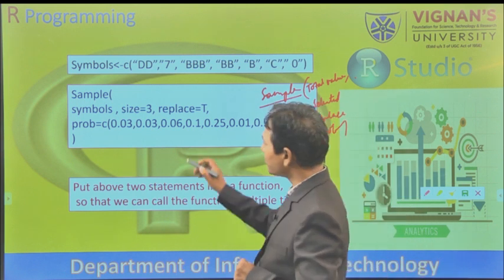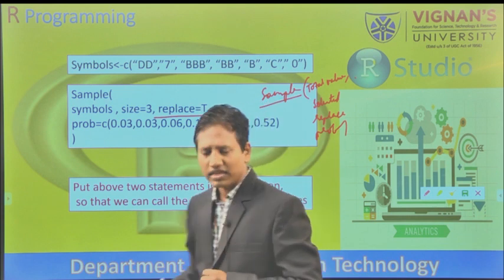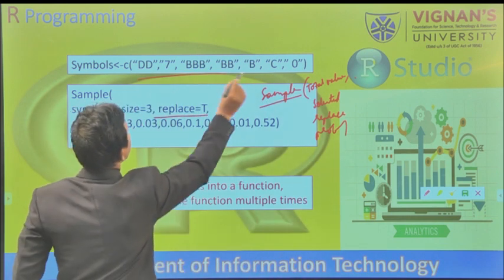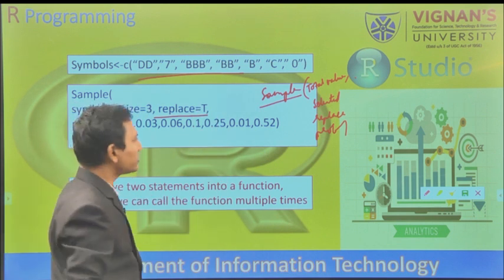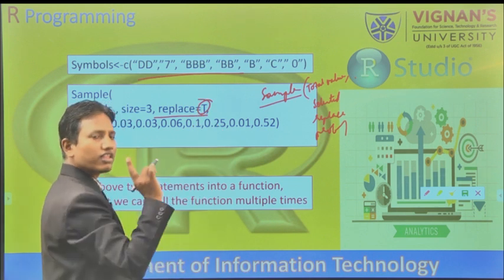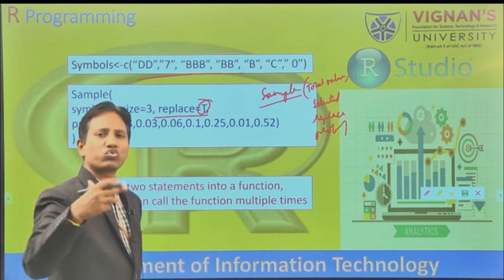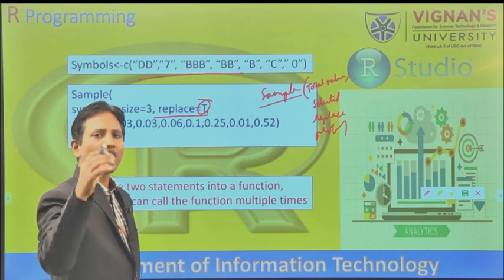Come to this replace equal to true, what does it mean? Let us see with an example. We have 7 symbols and if I place replace equal to true, there is a possibility to generate one symbol twice or more than twice repeatedly in the output.